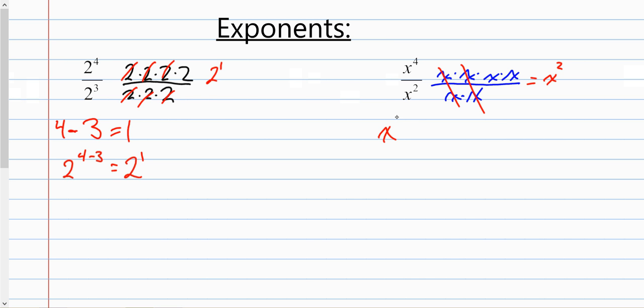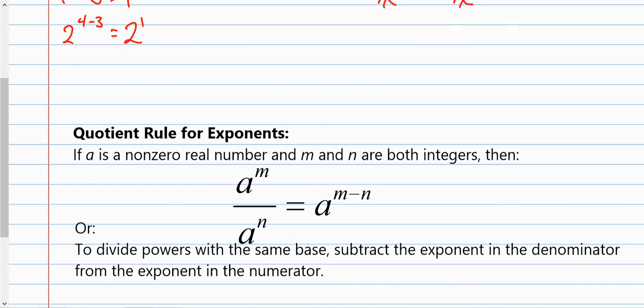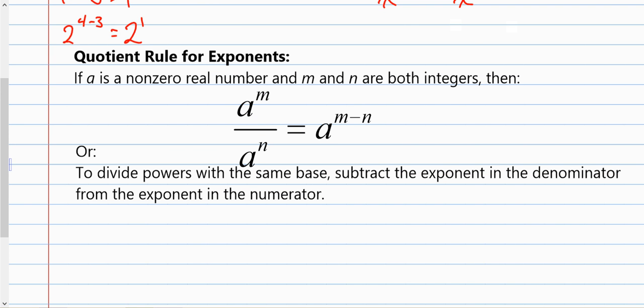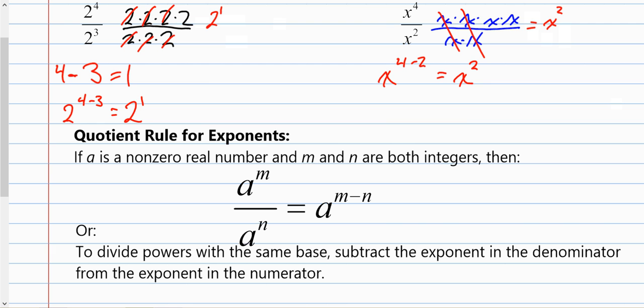So x to the 4 minus 2 leaves me with x squared. Very similar to the product rule for exponents, the quotient rule says if I have a non-zero base with m and n being whole numbers, then when I divide them, I'm really subtracting my exponents.